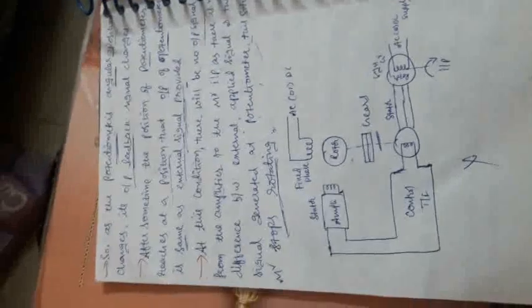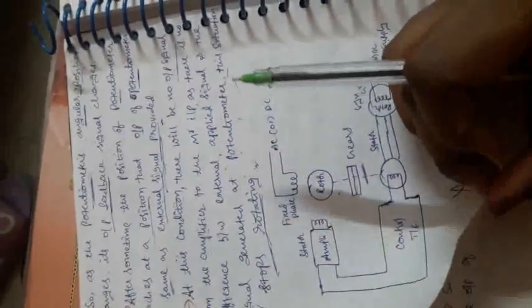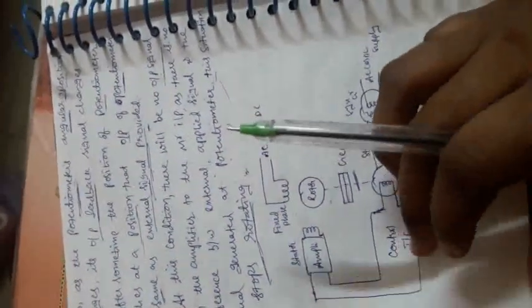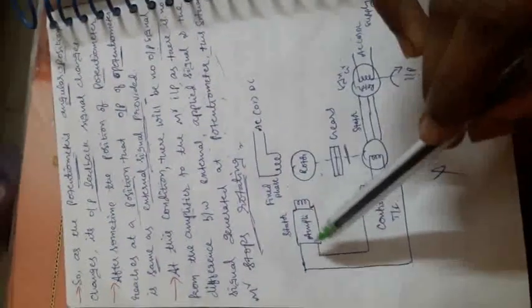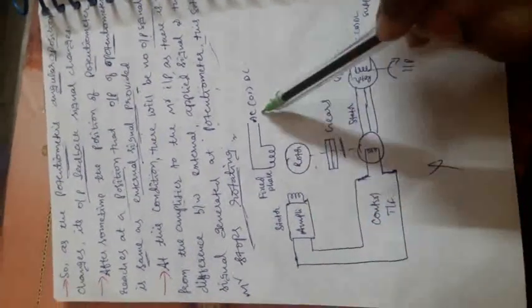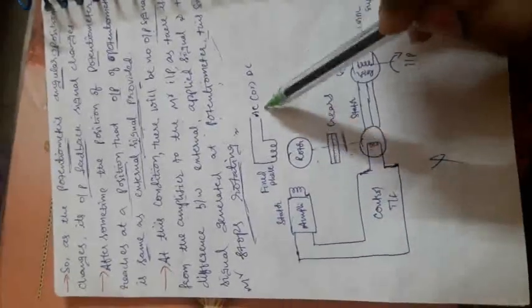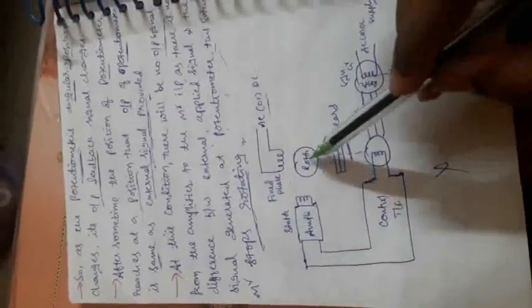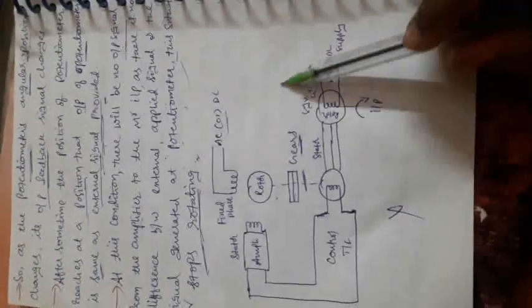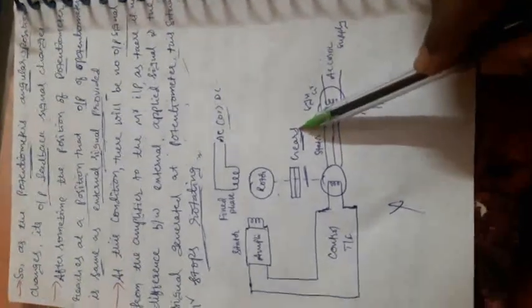This is the principle of the servo mechanism and of servo motors. So this is the amplifier. This is where we give the supply, AC or DC. This is the rotor. This is the gear system, to get high torque.